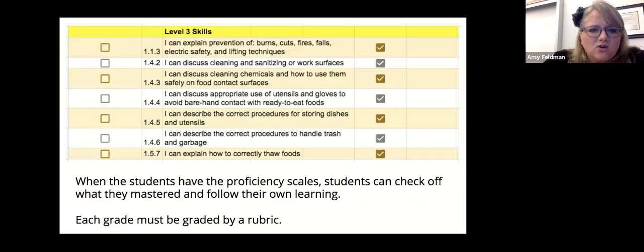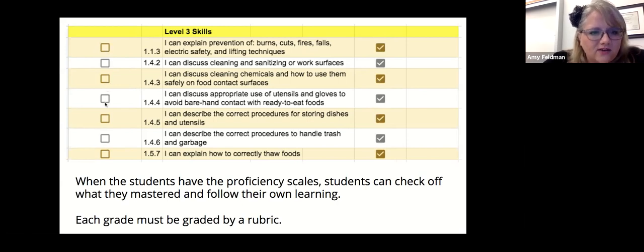Okay, so this proficiency scale, I have a whole Google Doc with all my proficiency scales for the whole semester, right? I put in the wrong picture here, but this side right here on the right is what the teacher can check off. The teacher says, I've taught this, I've taught this, I've taught this. Then the students can click on this one and say, I've learned this. I know how to discuss this.